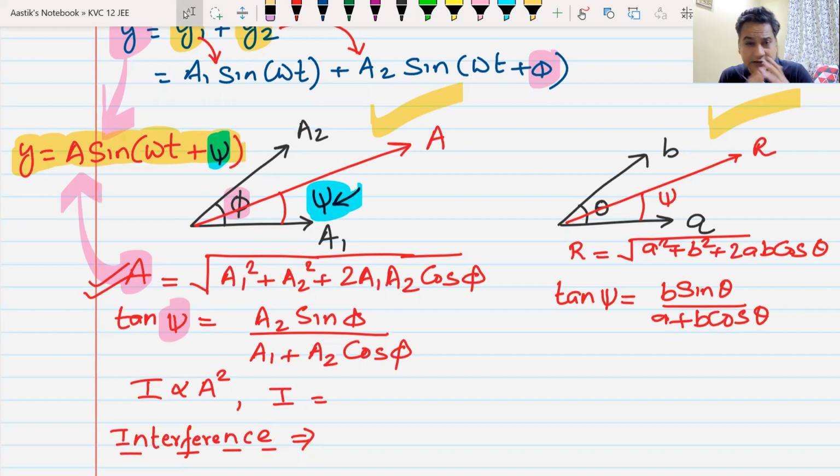We gave A in terms of A1 and A2. We will also give I in terms of I1 and I2. Can you tell me what could be the formula for the resultant intensity of the wave? We know the relation between amplitudes. Can you tell me from that what will be the resultant intensity?